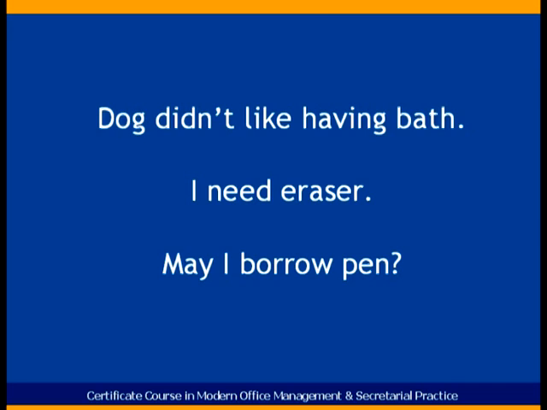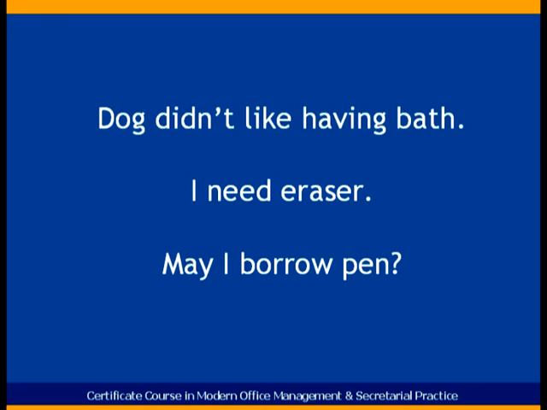Let's look at the original sentences that were given at the beginning of this video. Dog didn't like having bath. I need eraser. May I borrow pen? Look at the first one. What are the articles that are missing from this sentence?